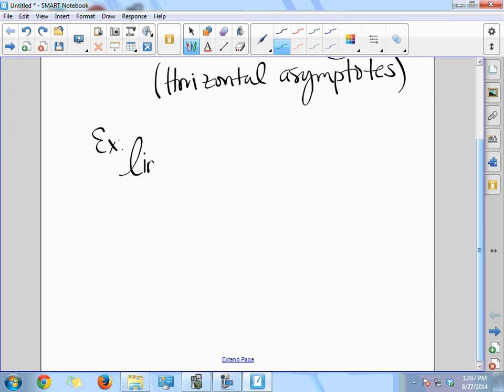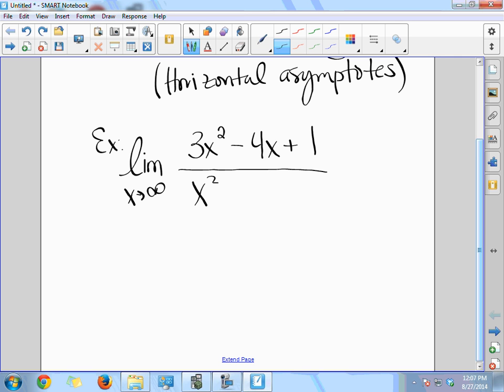Say we had the limit as x goes to infinity of 3x squared minus 4x plus 1 all over x squared minus 3.